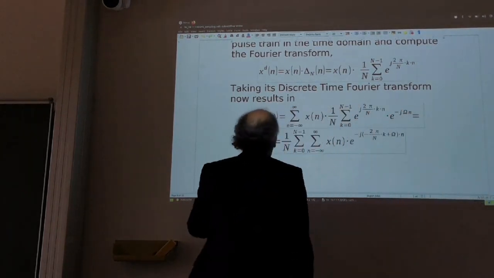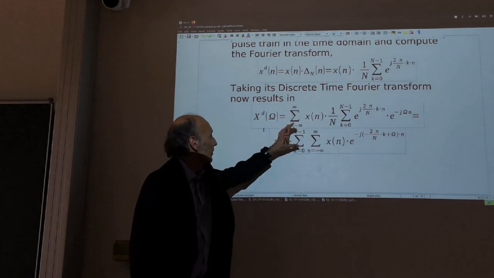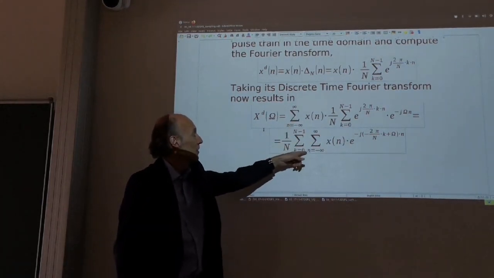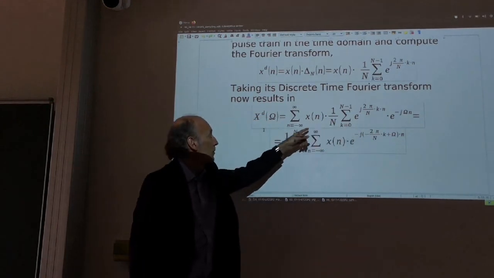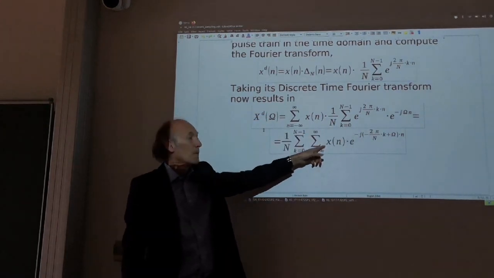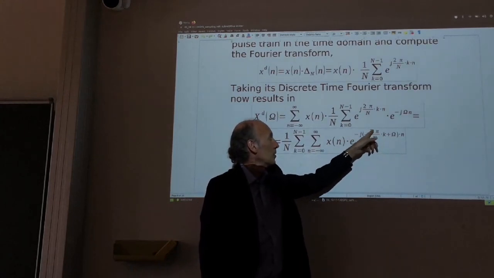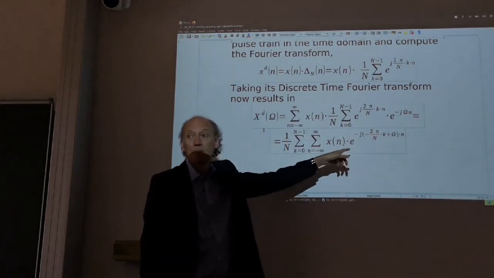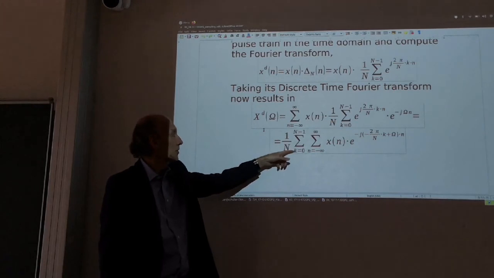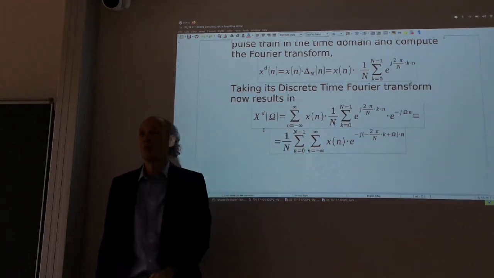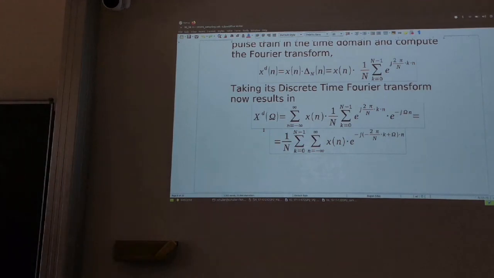So now I can also draw out this inner sum to the outside. And you see this inner part here is the Fourier transform of x, but shifted by 2 pi over n times k. And you have not just one Fourier transform, but n Fourier transforms, shifted Fourier transforms of your signal. Right?